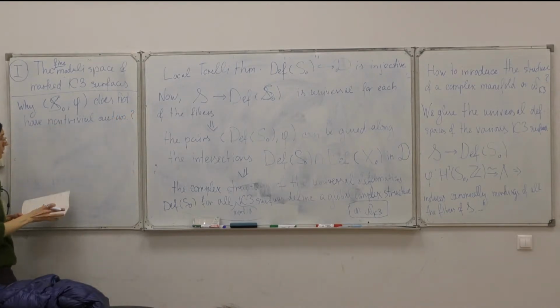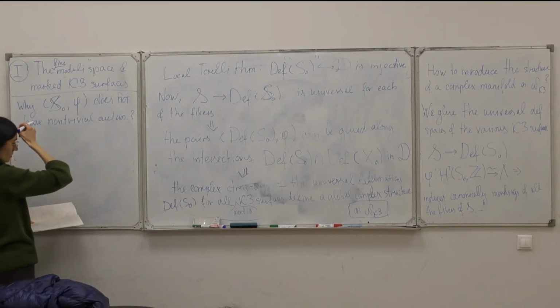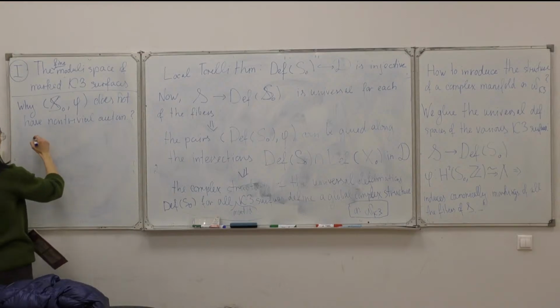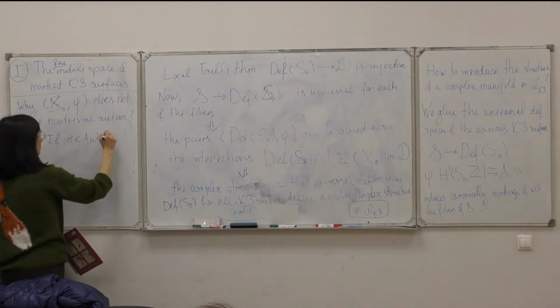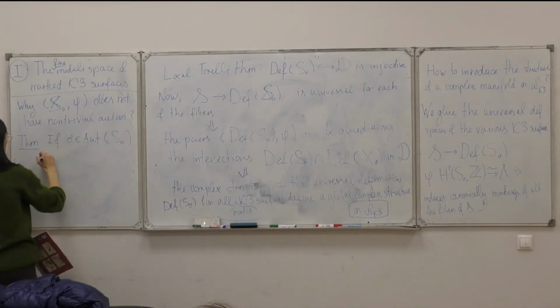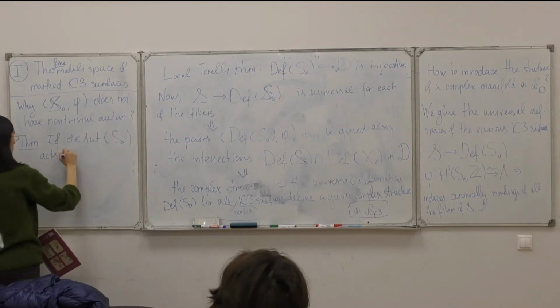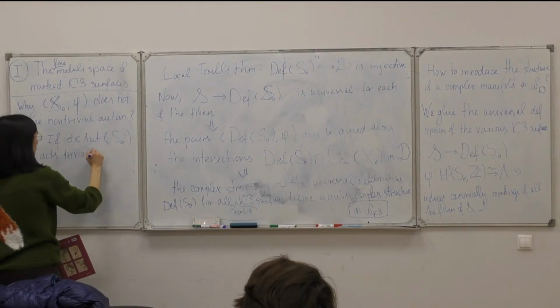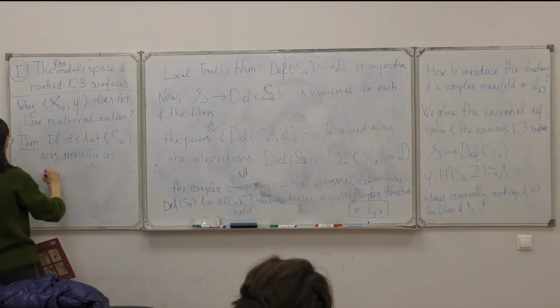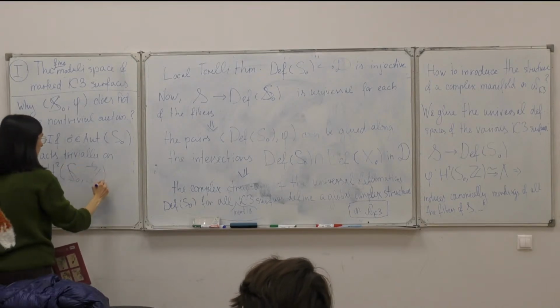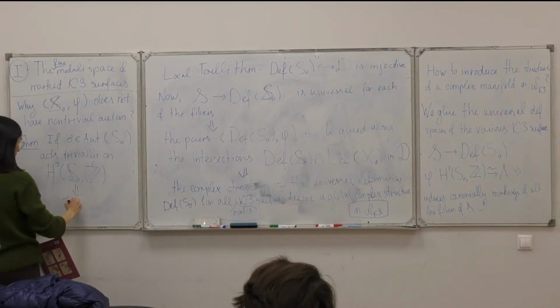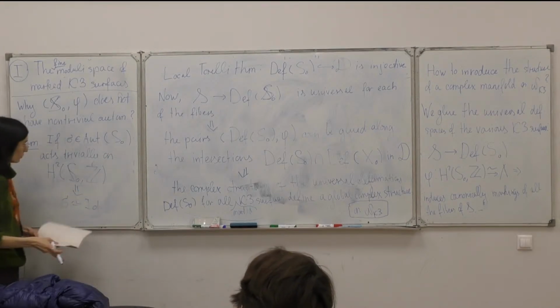In fact, I hope that we will discuss this in the next lecture, there is the following theorem, that if an automorphism of a K3 surface acts trivially on its second cohomology group, then the corresponding automorphism should be the identity.